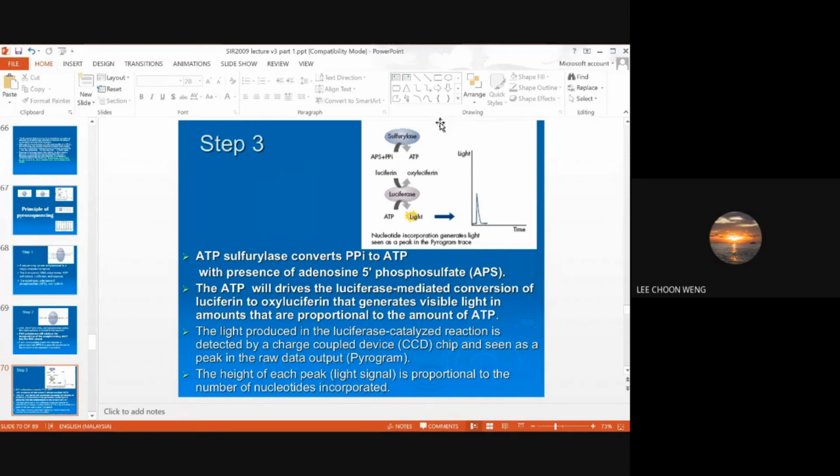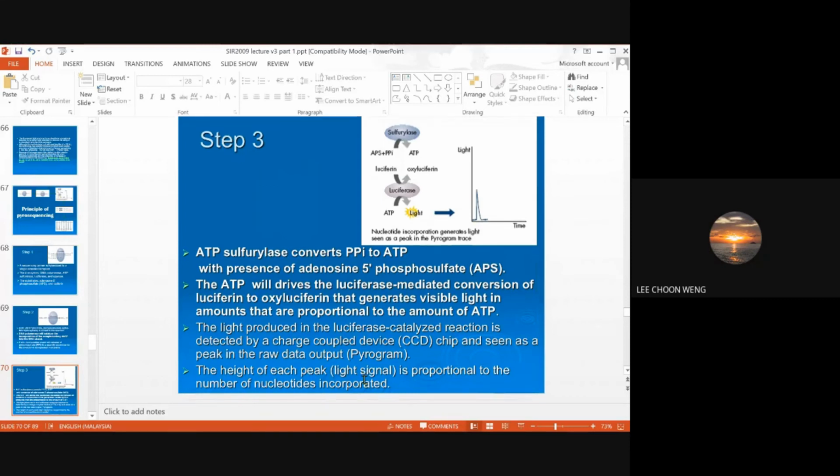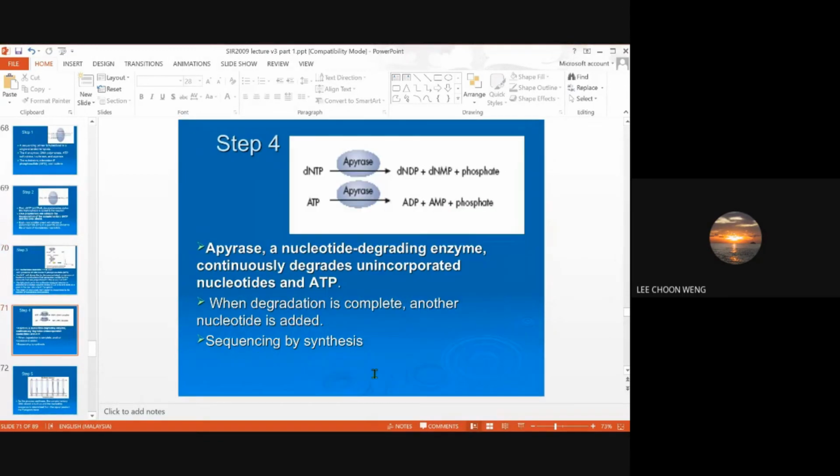If the height here is triple, that means 3 Cs are being incorporated. So that is important. The height of each peak is proportional to the number of nucleotides incorporated.